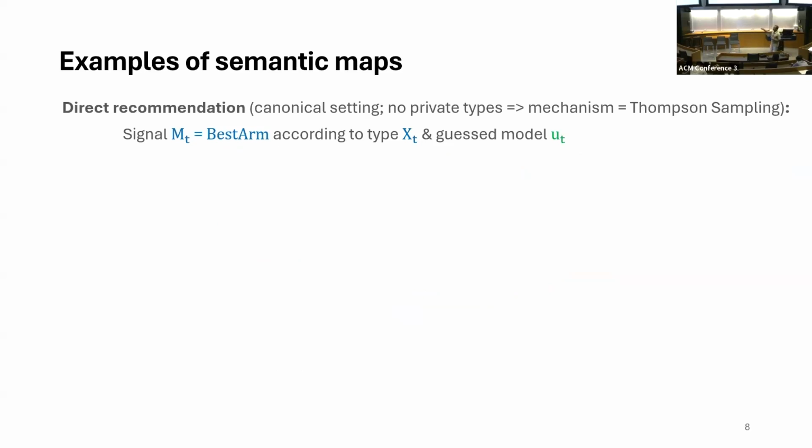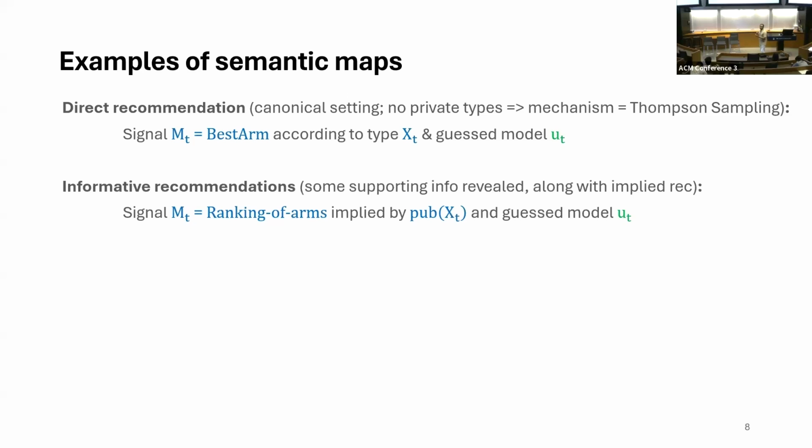The signal is just the best arm recommendation according to the observed type and the sampled posterior model. You could do something more complicated than that. Instead of giving just the top-ranked action, you could give the top K, or supply an entire ranking over actions, which augments the amount of information that the agent sees. That would be a relatively more informative signal.